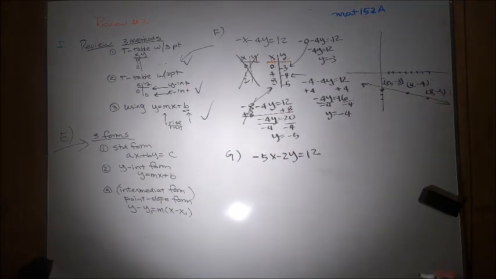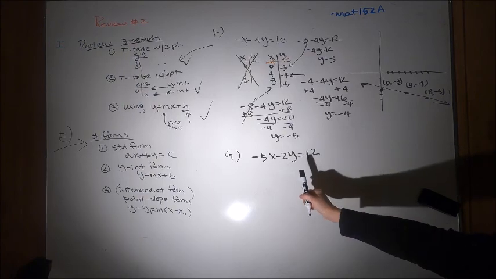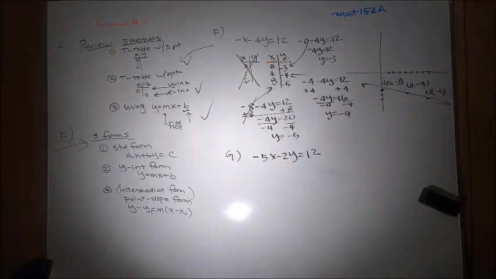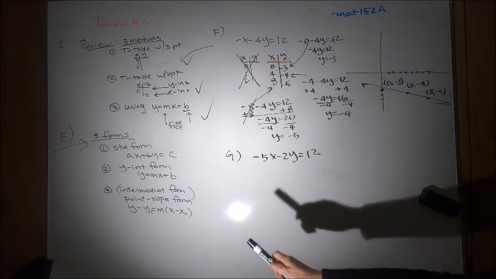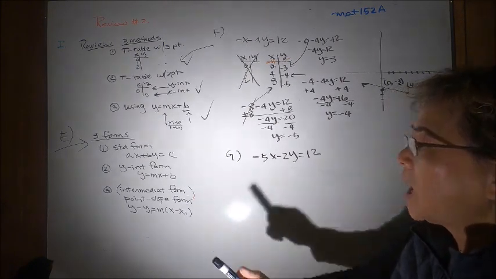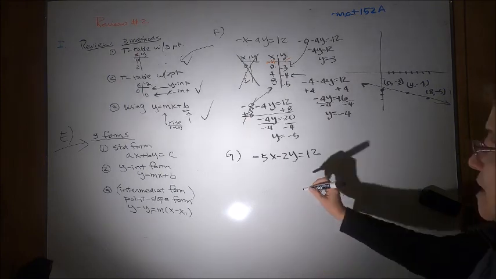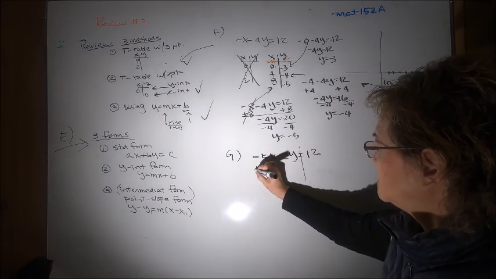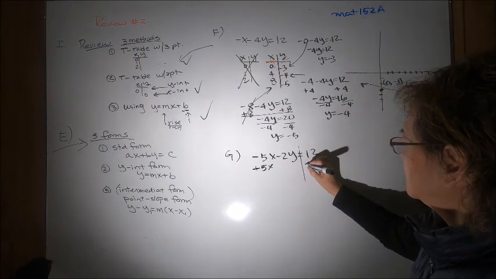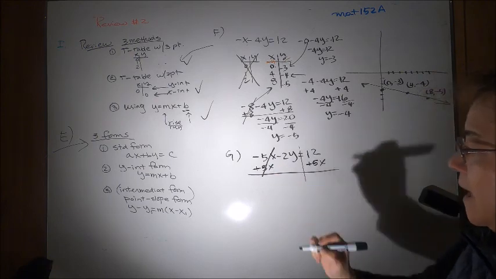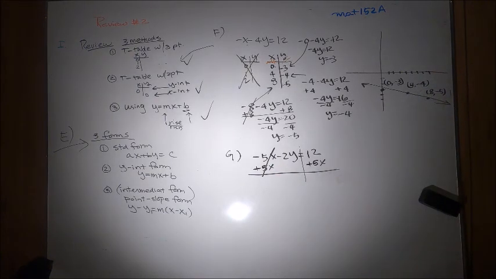Okay? So what kind of form do we have right now? That would be your standard form. To change it to the slope-intercept form means what? Get y by itself. Okay? So get y by itself. Take care of the x on the right-hand side by doing the opposite, right?